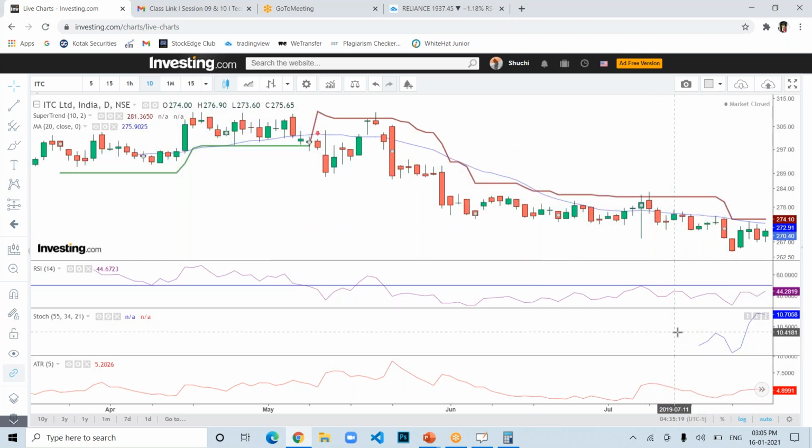Let the stochastic load. This is a perfect sell, I feel. The price is below the super trend. High is above the super trend. Moving average is below the super trend, and RSI below 50. Just let the data load, and I think this is a perfect sell.